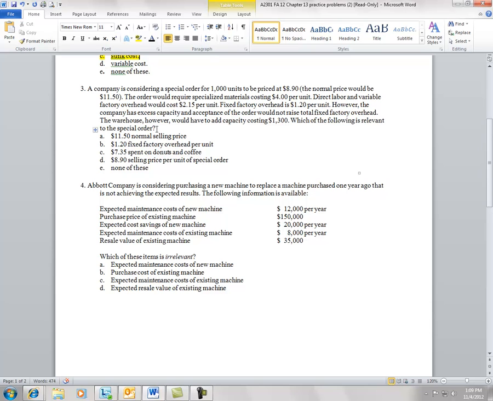So if we think about what's going to be different for that special order versus the alternative of not taking the special order, we know we're always looking for items like the sales price in the special order, any extra direct materials, any direct labor, any overhead, any costs that are specifically going to be related to that special order.